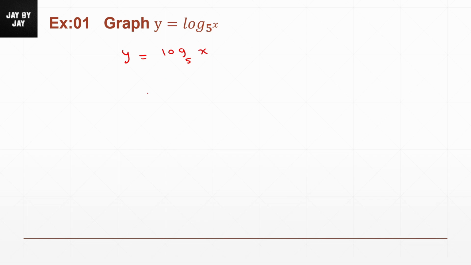I have already informed you that you should have the capability of converting logarithm into exponential and exponential into logarithm, otherwise you cannot solve this problem. So now you have the logarithm form and have to convert it into the exponential form. How do you convert that?